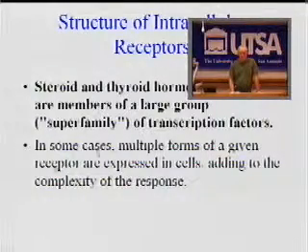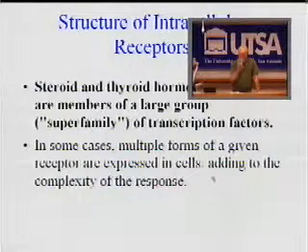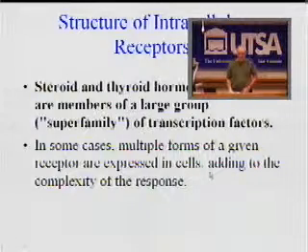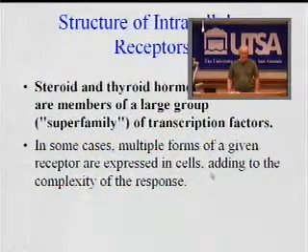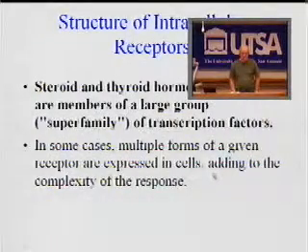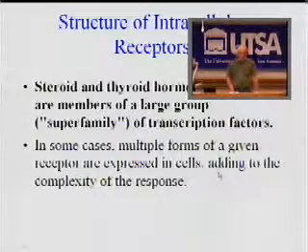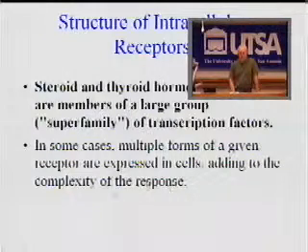So there might be multiple forms of a given receptor that would be expressed in any one particular cell, and we'll see one recent reference looking at 3 different forms of the estrogen receptor in anterior pituitary cells. So it may be from different genes or from alternative splicing, and we'll wait to see when we get to that point whether it's each of those or one of those or both of those cases. So it adds to the complexity of the overall response of the target cell.